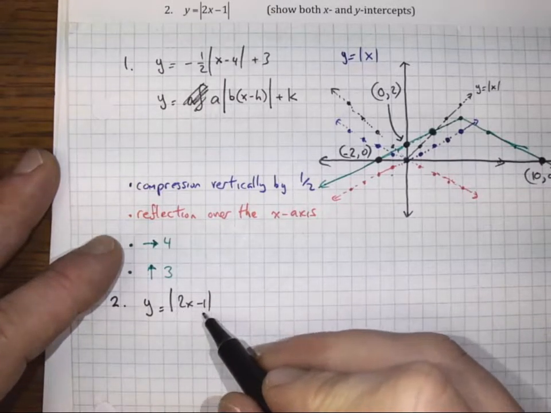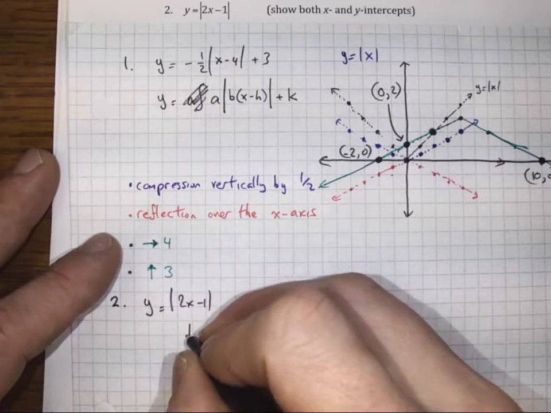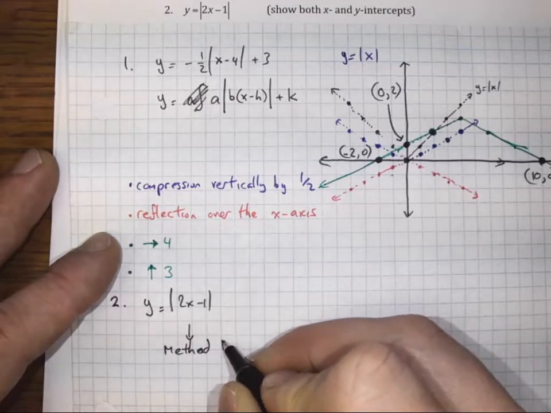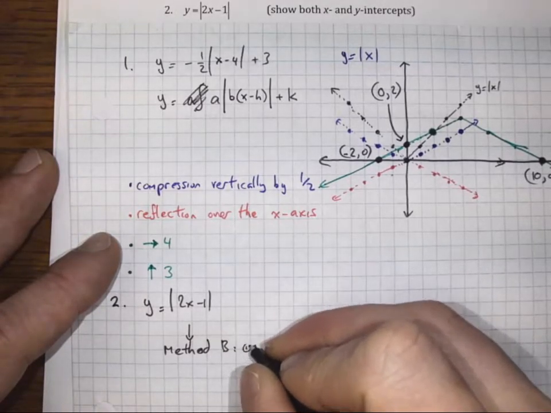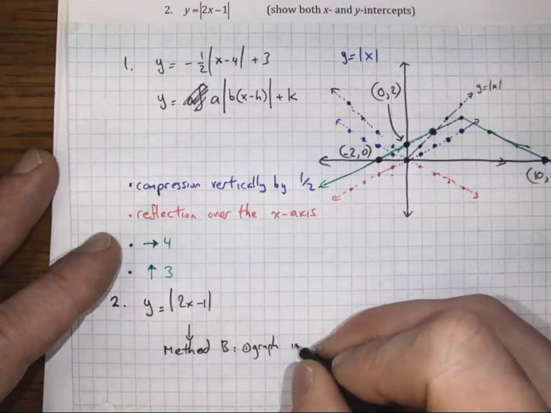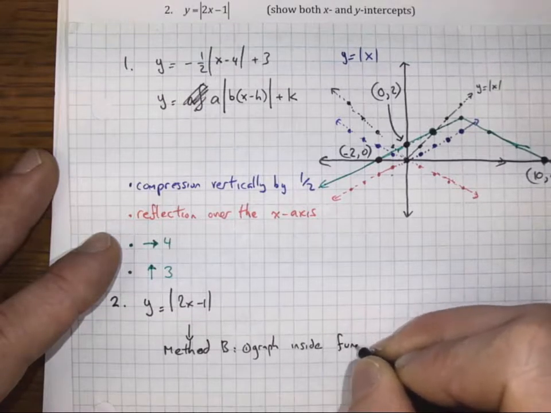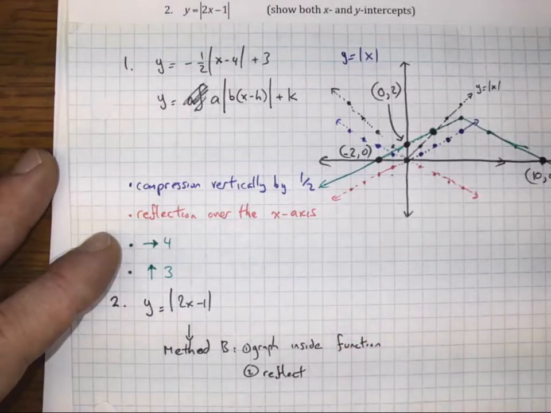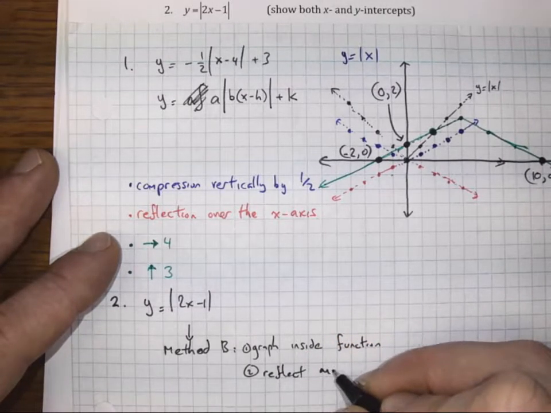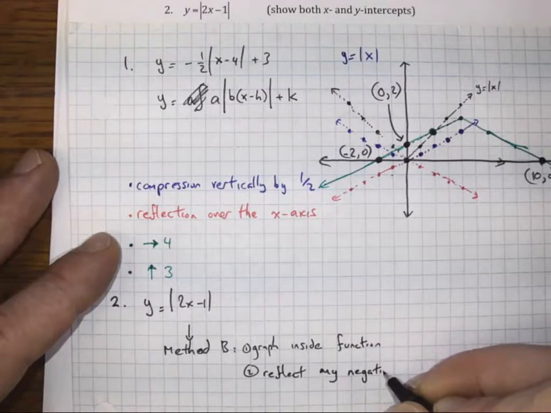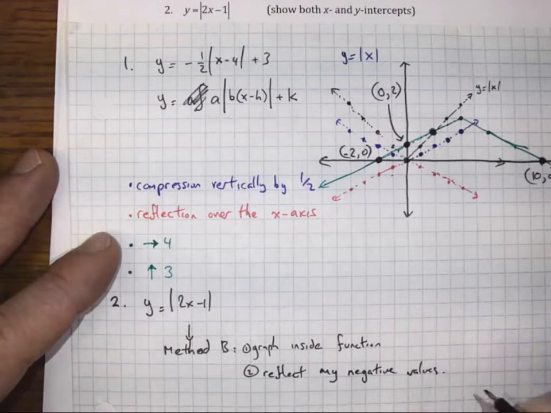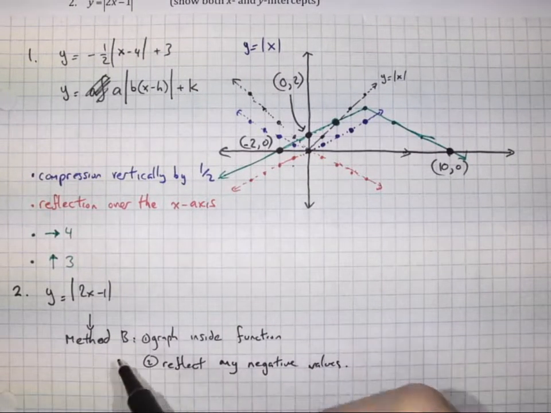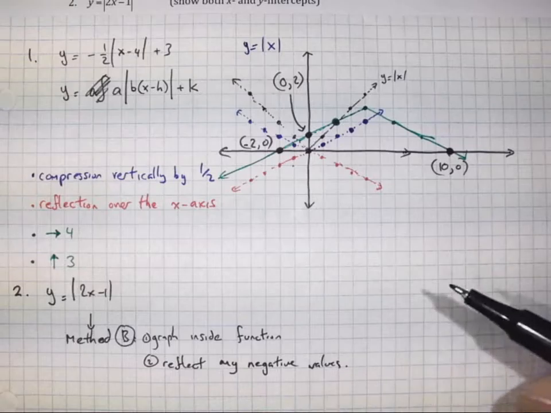Now, I think this is going to be easiest if I first, let's think about method B, which means I'll graph the inside function, and then we will reflect any negative values. Okay. And maybe I can talk about how we could solve it using method A afterwards.